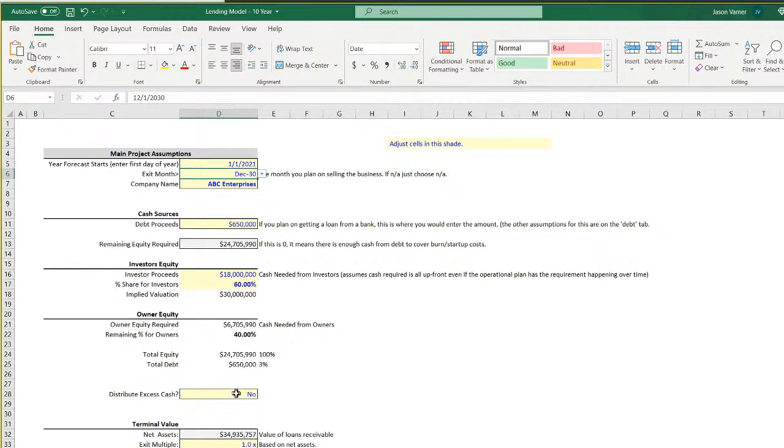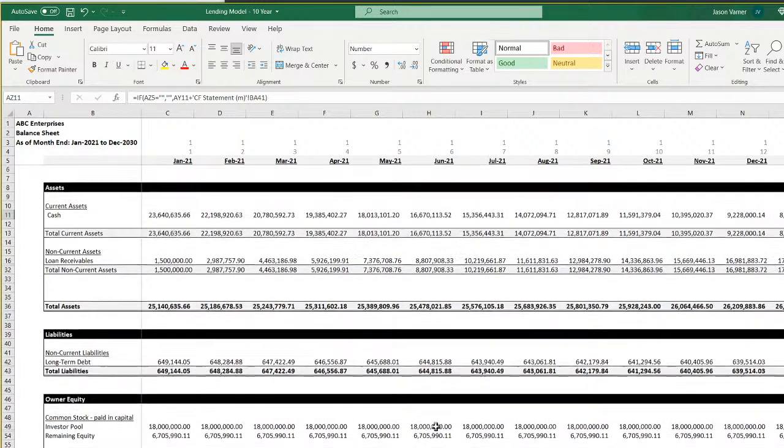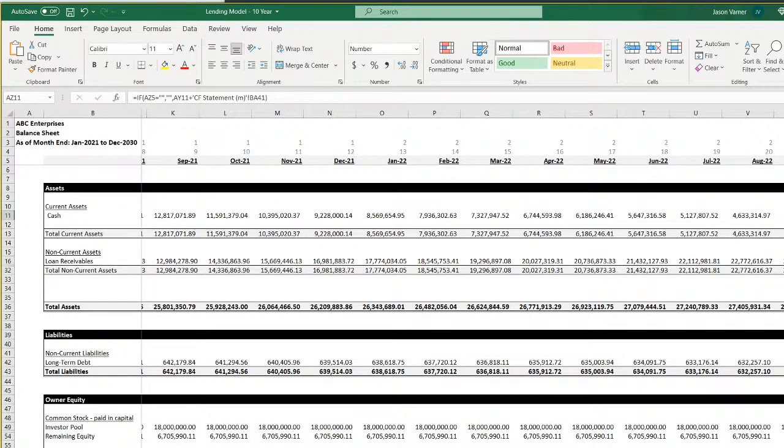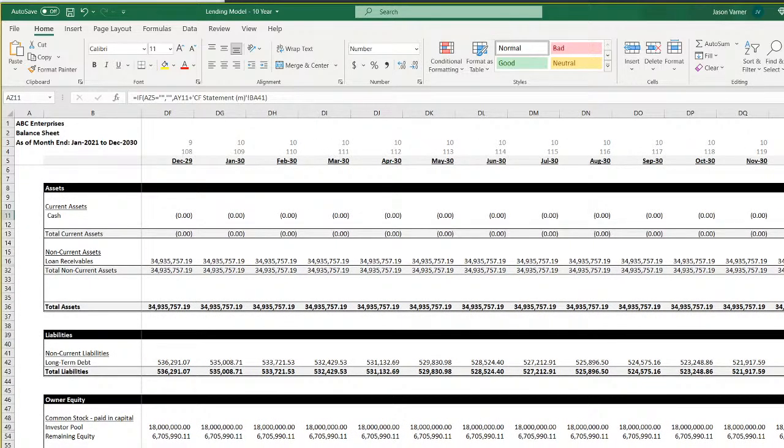Let's distribute excess cash, yes. The valuation is 34,900,000, which, if you go to the balance sheet and go all the way to the end, is your loans receivable.